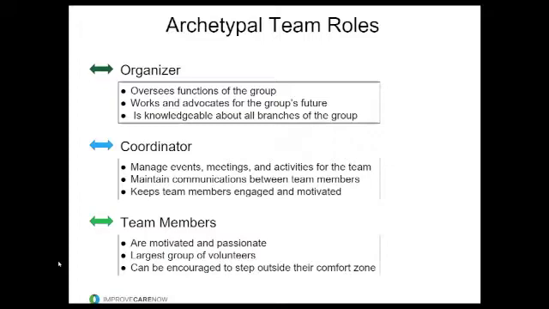They're generally very knowledgeable about everything that's going on in the group, and they use that knowledge to work and advocate for the future of the group. They're constantly saying, how can we improve this team? How will doing this project help us? Will it help us? How can we work with other people to help them and help the group?